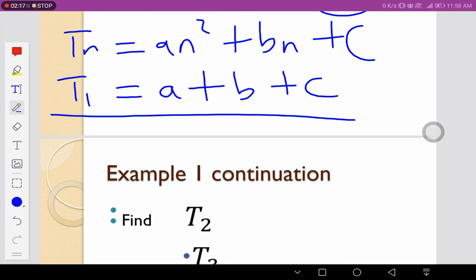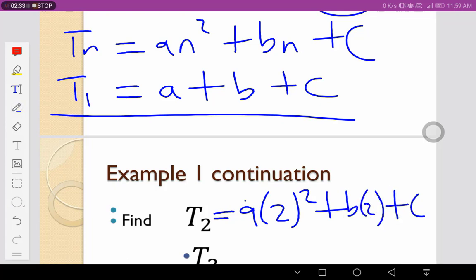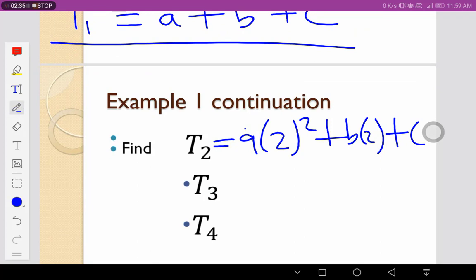Term number 2, using the same equation, becomes a times 2 squared plus b times 2 plus c. This becomes, at the end of the day, our t2 is 4a plus 2b plus c.